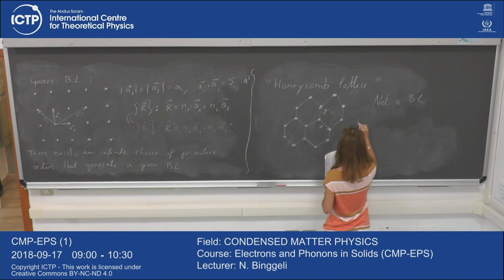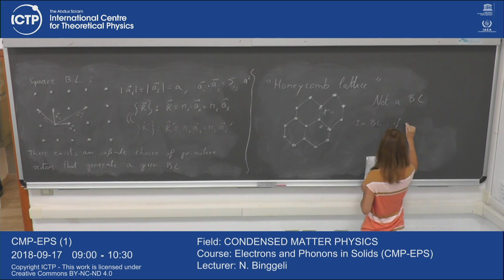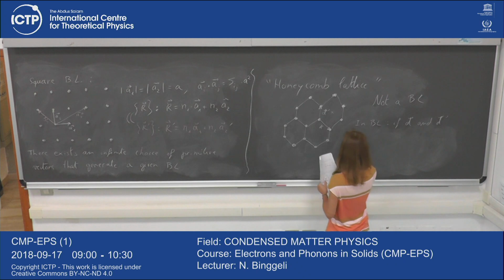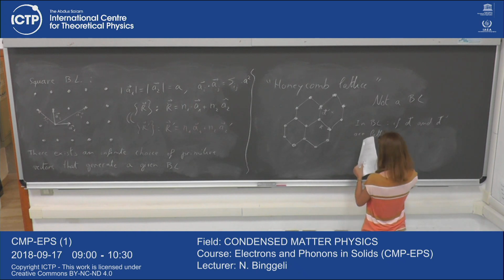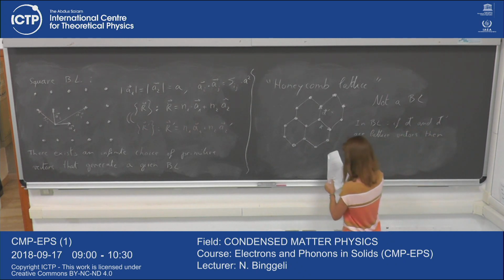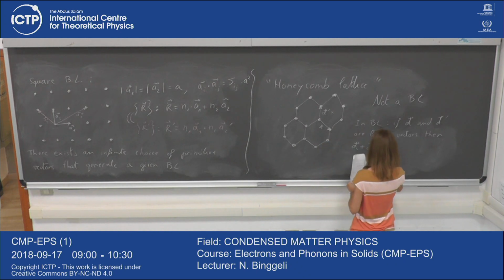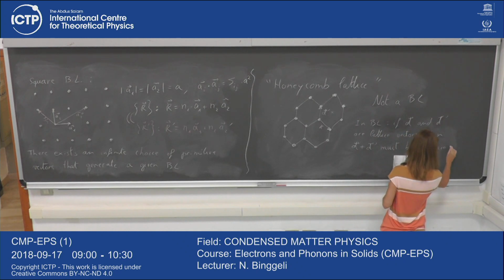So, just to summarize, in a Bravais lattice, if this vector D and D prime are lattice vectors, because they are differences between 2 points of the lattice, then their sum also must be a lattice vector.